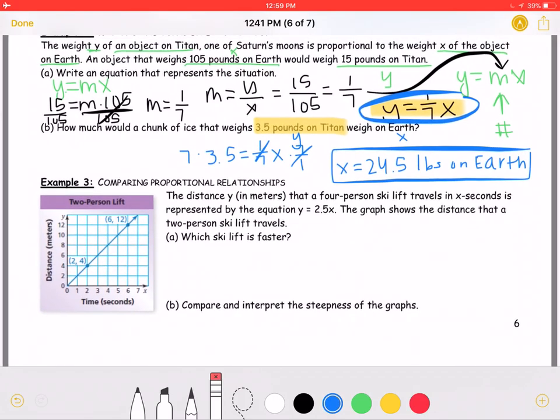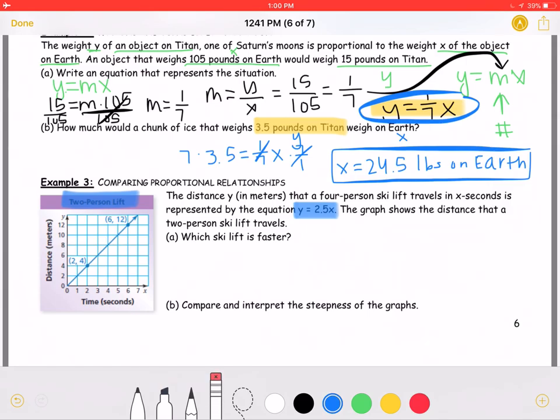And last example here, comparing proportional relationships. The distance y in meters that a 4-person ski lift travels in x seconds is represented by the equation y equals 2.5x. The graph shows the distance that a 2-person ski lift travels. So this is a 2-person, this is a 4-person, the equation.